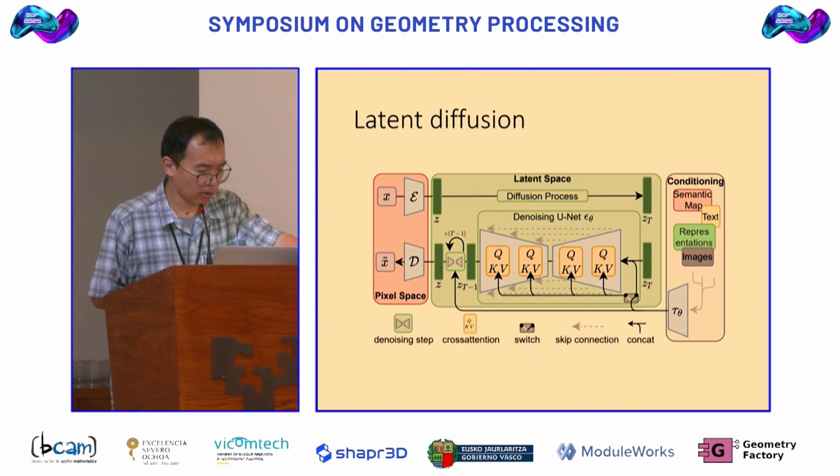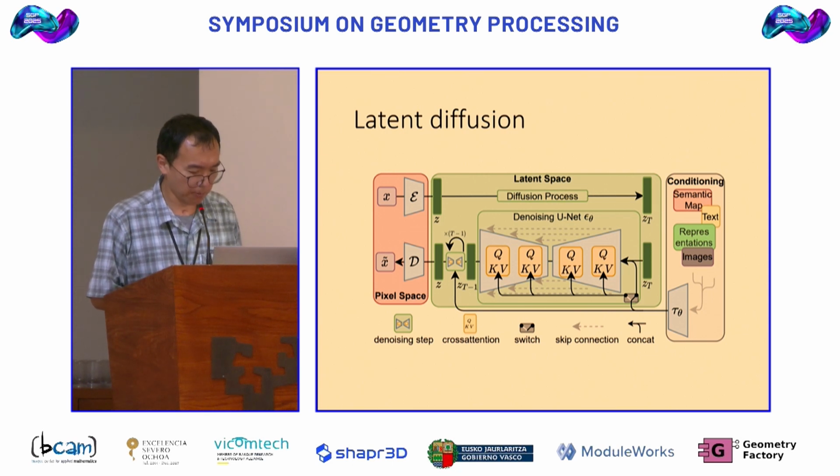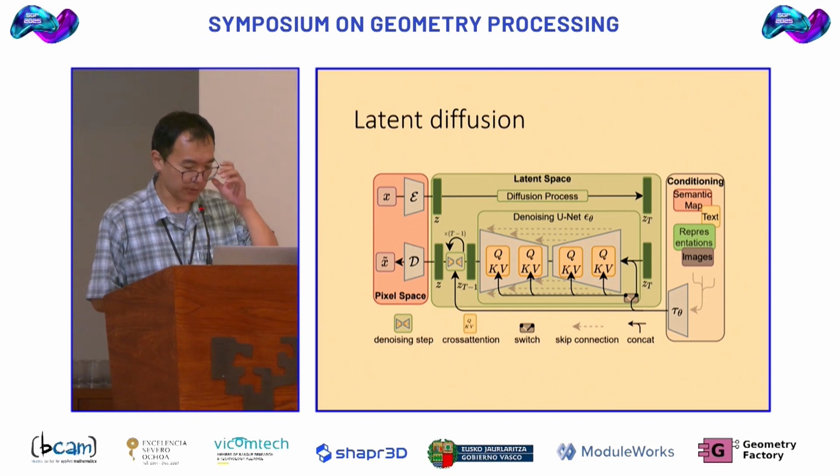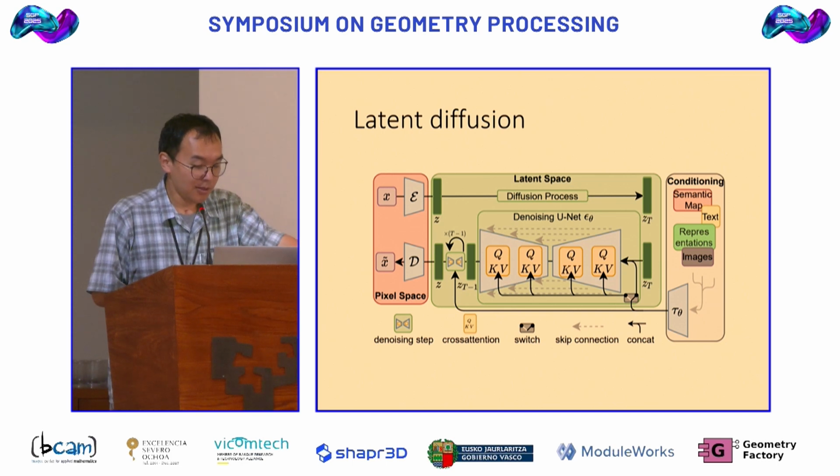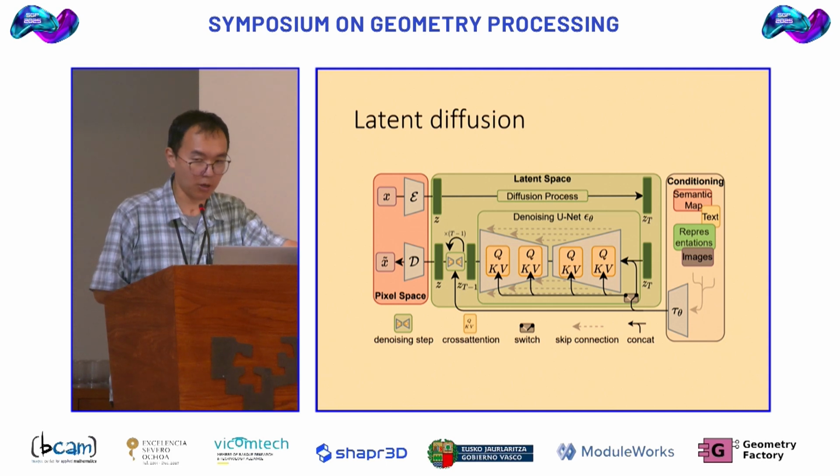But 3 years ago, latent diffusion came out, which combines a representation-dependent decoder and a representation-independent latent diffusion procedure. So the decoder can be implicit, can be mesh, can be volumetric. Then the 3D community has been very happy.